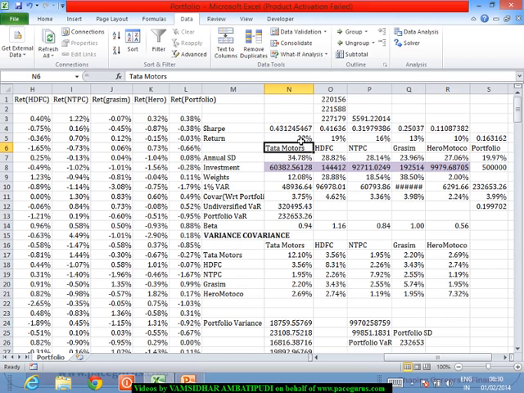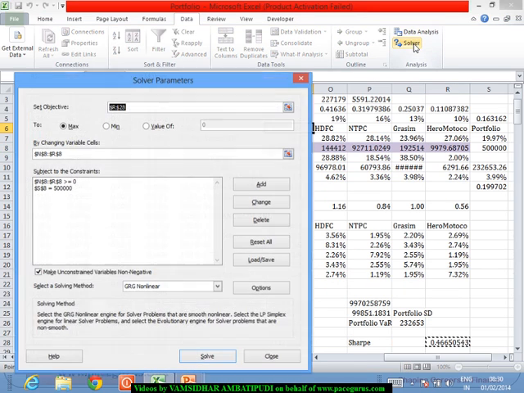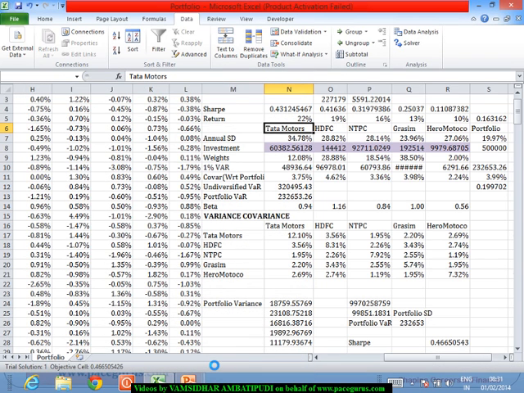And then again let me retry the scenario. This time when I solve it, the solver is really trying out on this.